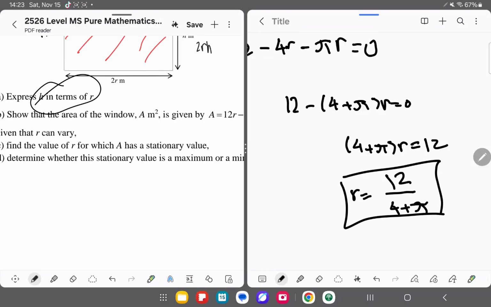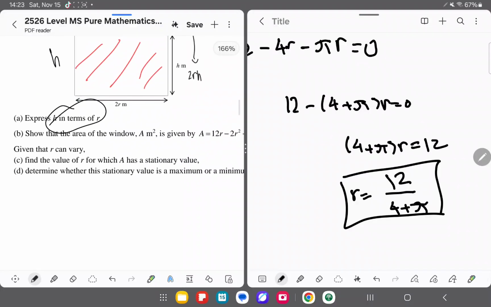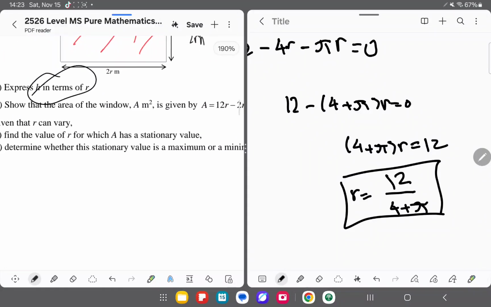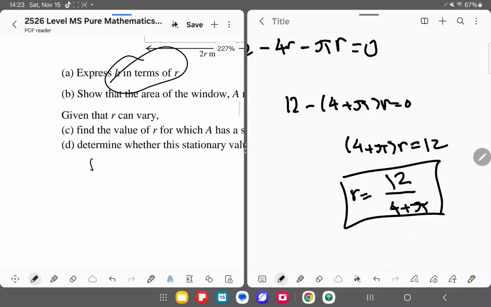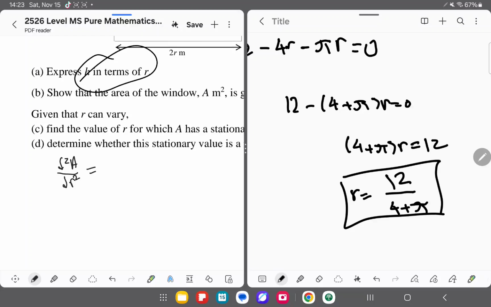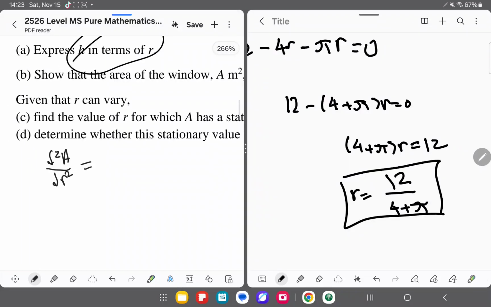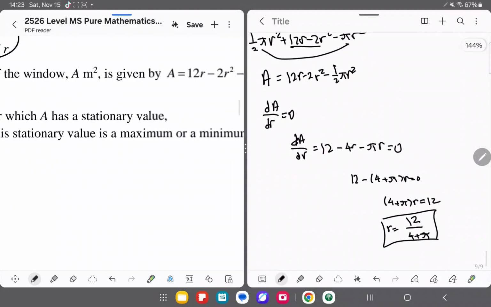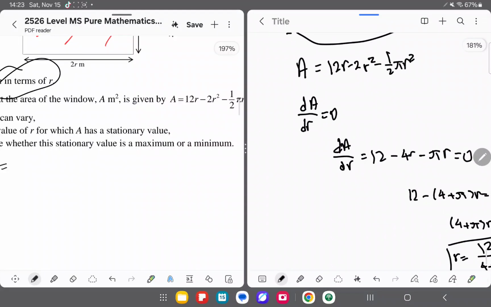Now that we have the stationary value of r, determine whether the stationary value is maximum or minimum. We have to find the second derivative, d squared A over dx squared. No, it's r, it's not x. Let's derive it here. So get the second derivative, of course.